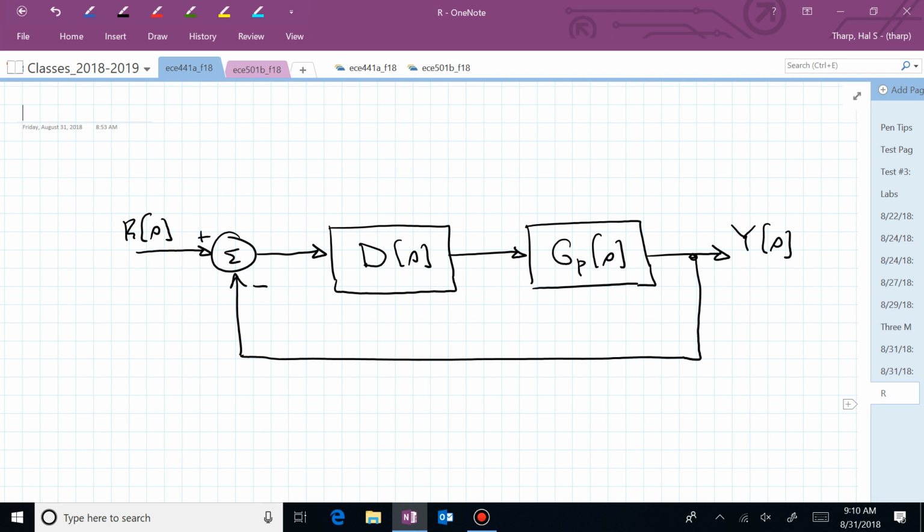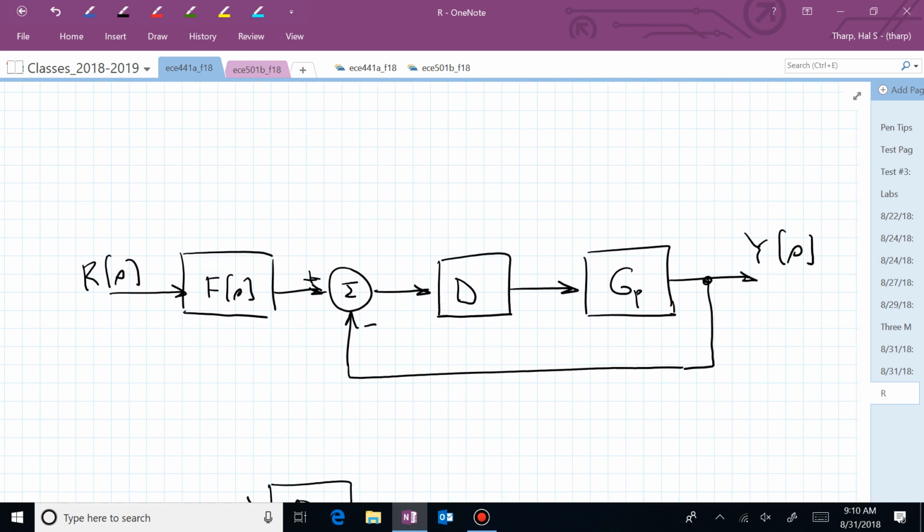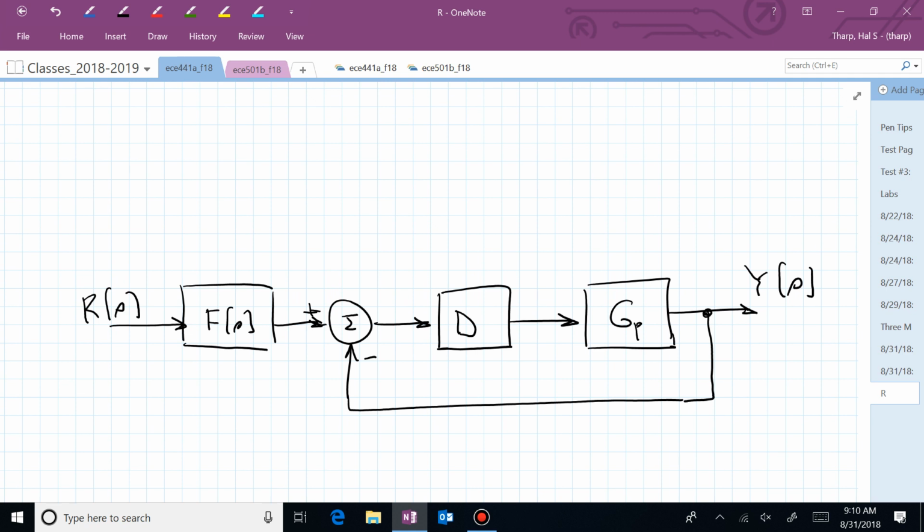Now when you get into things that are a little bit more involved, is this much different? This block diagram, you just have a pre-filter, don't you? A pre-filter of F, but you might see this called a two-degree-of-freedom controller.